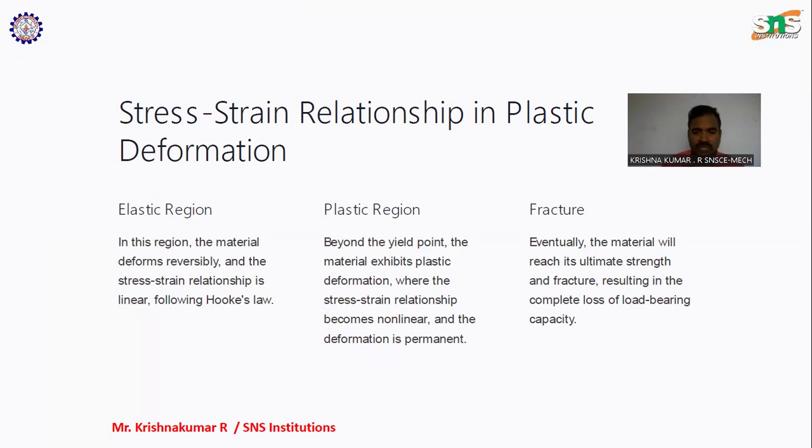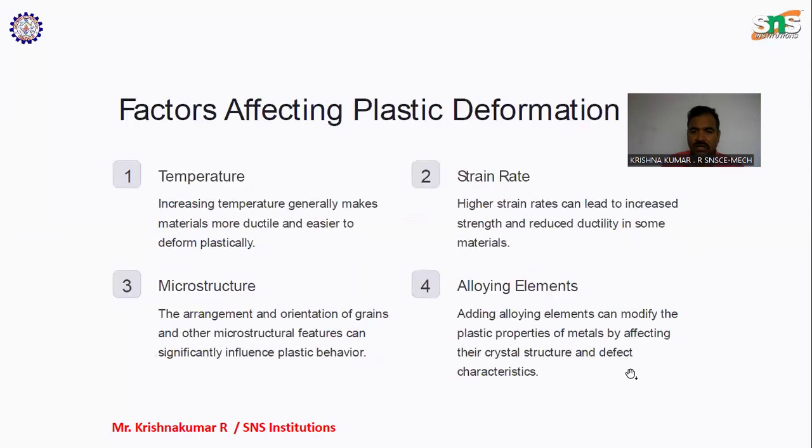Beyond the yield point, the material exhibits plastic deformation where the stress-strain relationship becomes non-linear and the deformation is permanent. Fracture. Eventually, the material will reach its ultimate strength and fracture, resulting in the complete loss of load-bearing capacity.